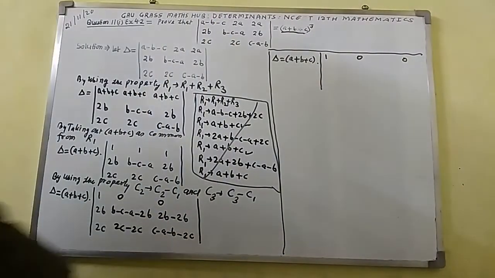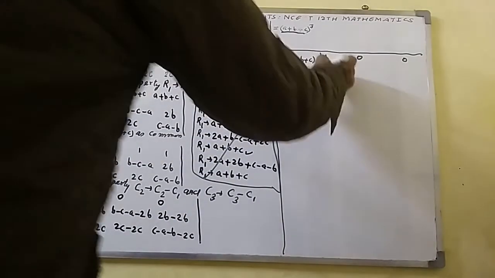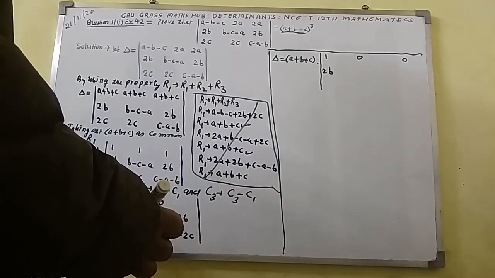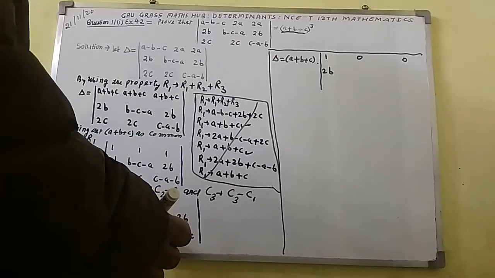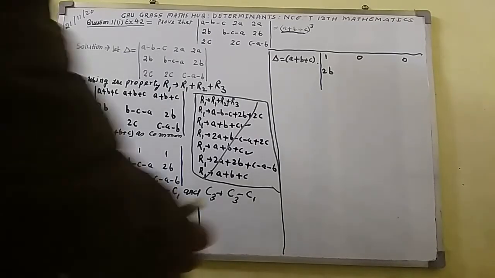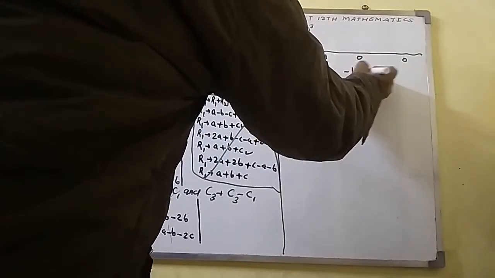The elements of first row I have written 1, 0, 0. The elements of second row will be 0, 1, 0, 0 I shall write. 2b. Here you can see plus b minus 2b. Plus b minus 2b comes out to here minus b. So here write minus b. Minus c minus a, write like this.